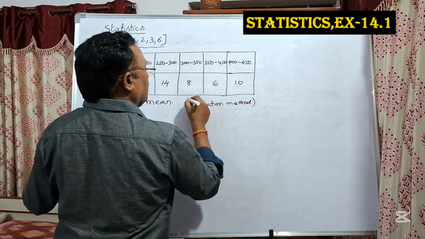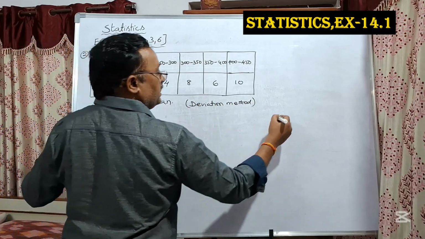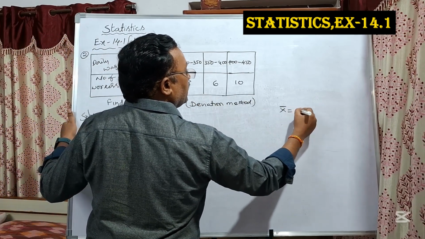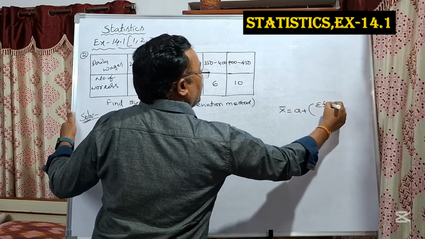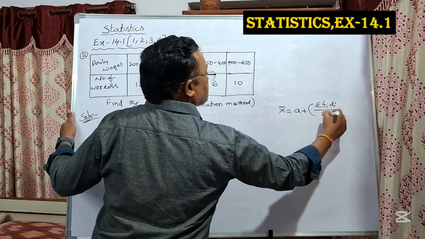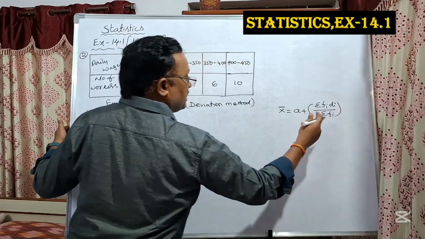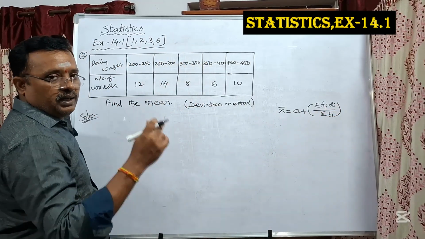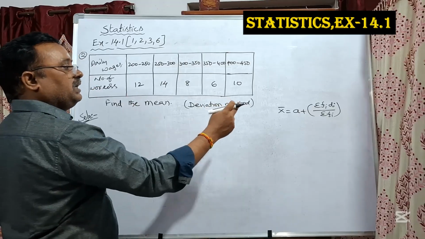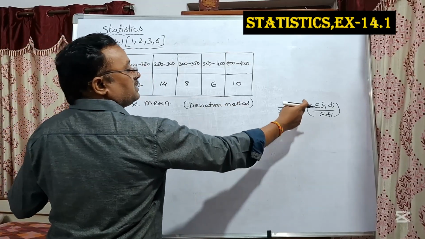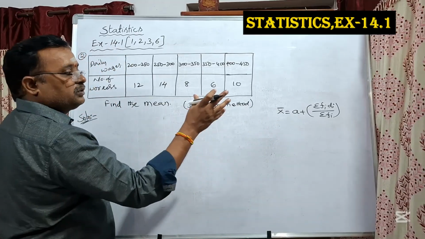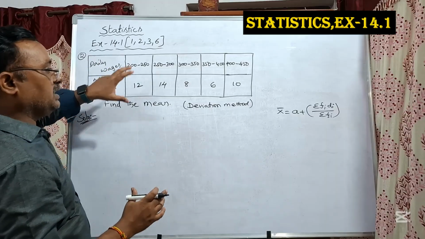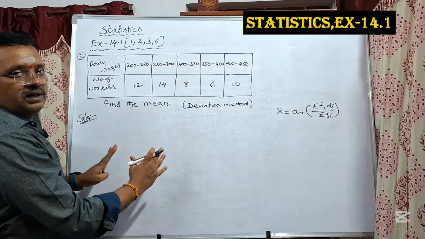Recall the formula: x bar is equal to a plus sigma fi into di by sigma fi. Keep it in mind. We need the values of sigma fi into di and sigma fi to substitute there, using this data by preparing a table.